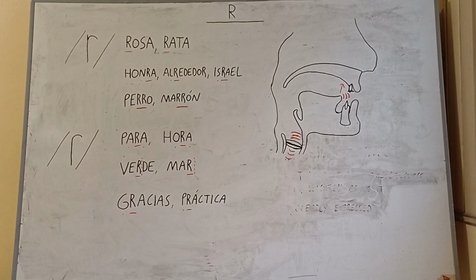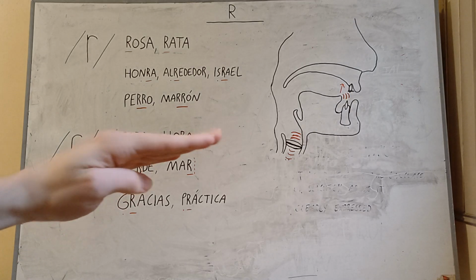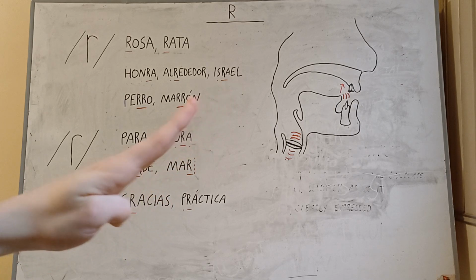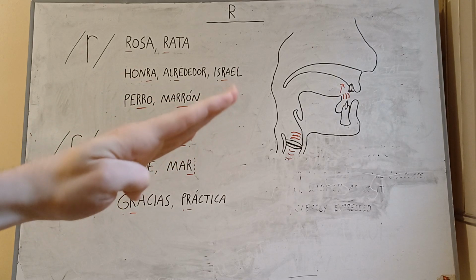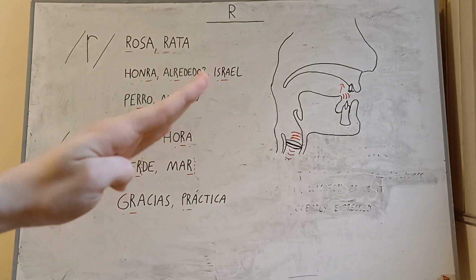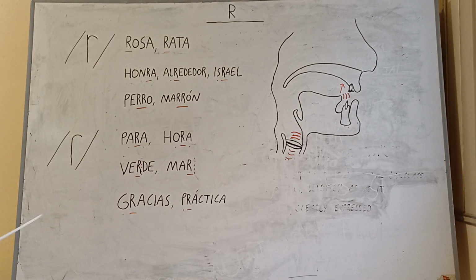You can look at yourself in the mirror when you produce this sound. You will see that the tongue will be raised like this, right behind your teeth, and you will see that the tongue vibrates. It's not exactly like this, but it vibrates like this, and that's what produces the trill sound.